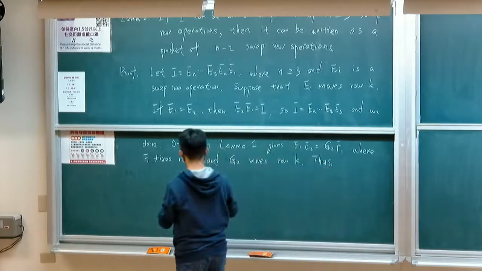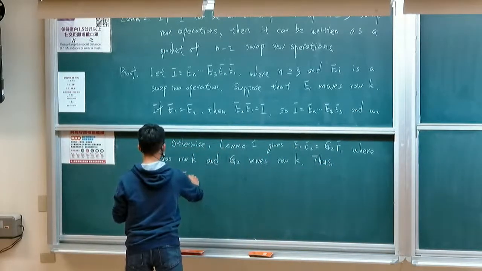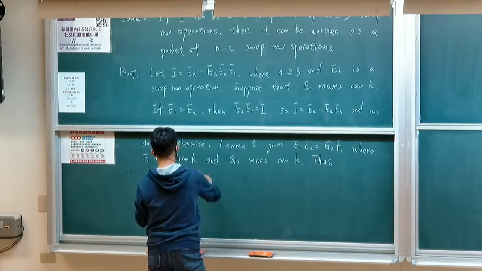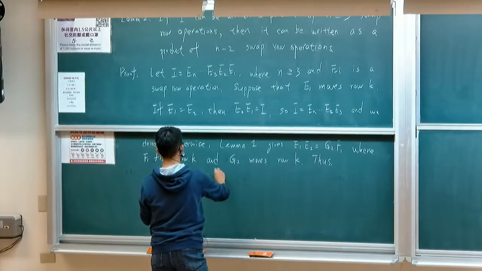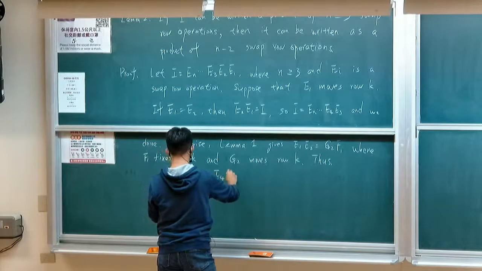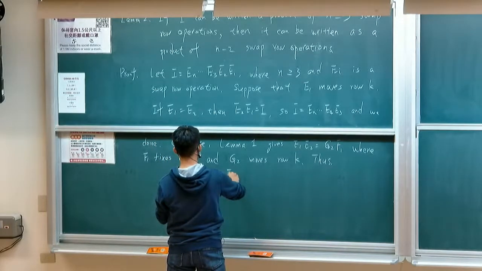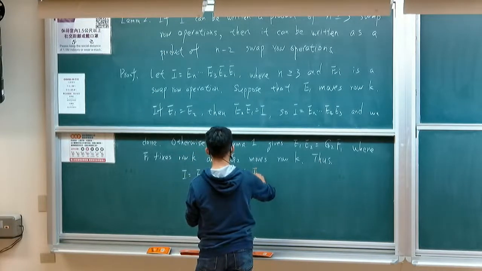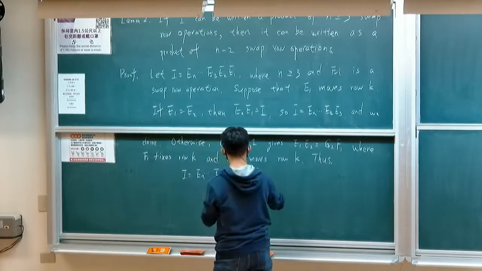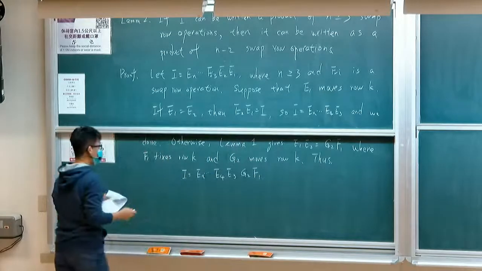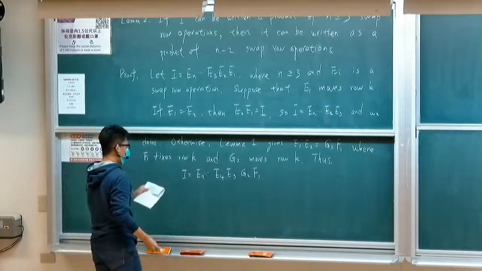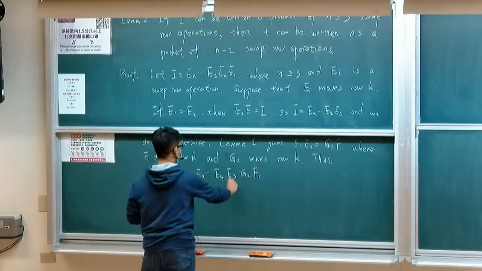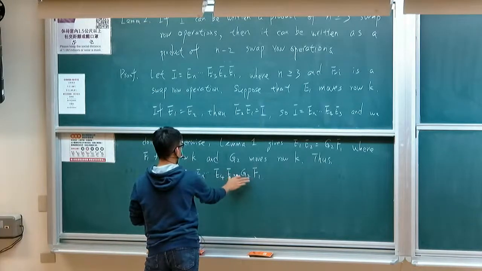And now we have I is equal to En and so on, E4, E3, G2 F1. Now again, if G2 is equal to E3, then we can cancel these two row operations.